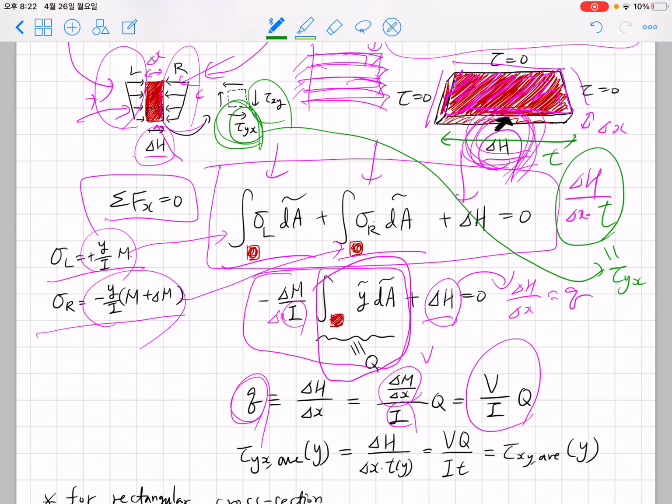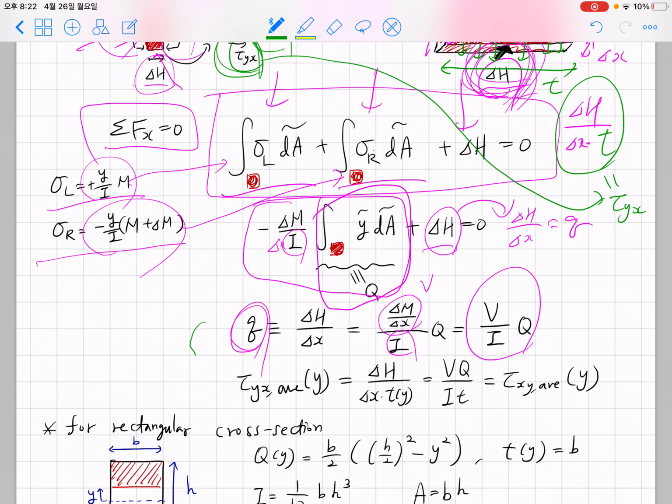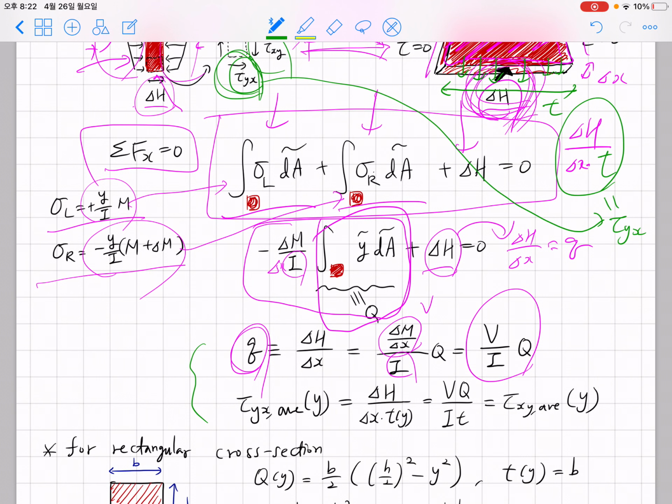Once you obtain tau yx, you can obtain the shear stress acting on the sidewall. Okay, so this is how our logical flow was made in the previous class. Here the complexity we have is that, depending on the location where we want to know tau xy, we have to compute this integral again and again.